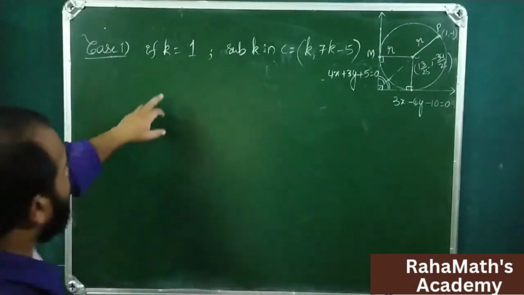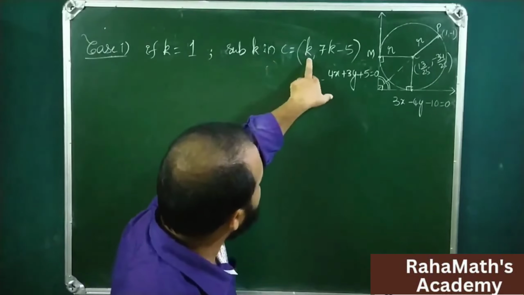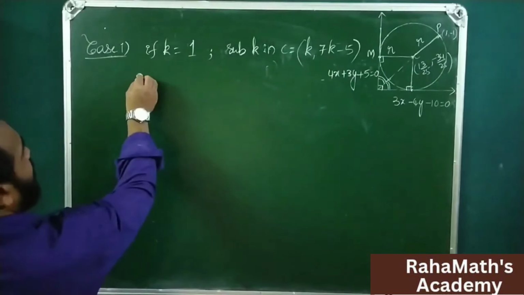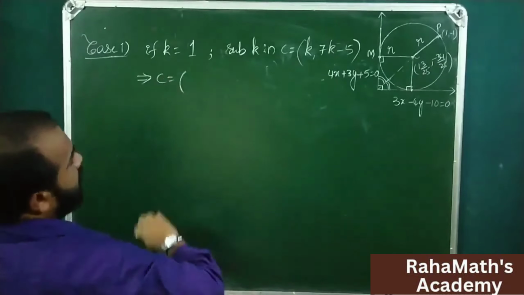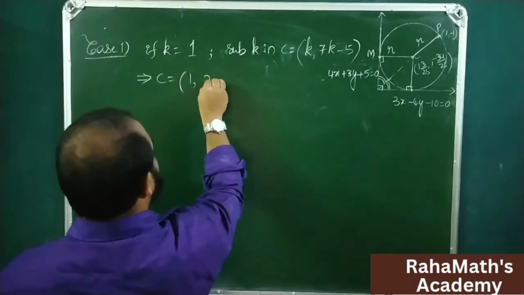Now the second case is if k equals 1, substitute k in k, 7k minus 5. Then c equals, k is 1, 7 ones are 7 minus 5 is 2.